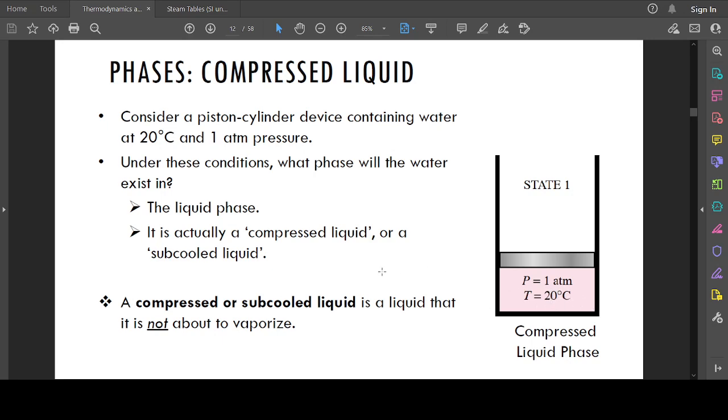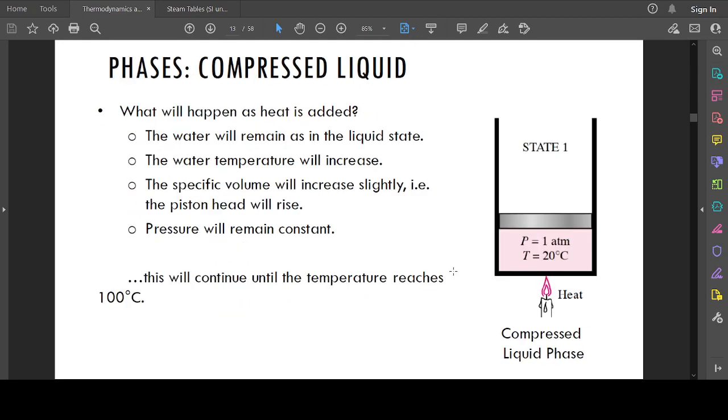Okay, so when we say compressed, it means that the pressure is manipulated to remain at a constant pressure. There is some sort of work done to keep the pressure where it is. That's what we mean by compressed. So what happens when heat is added to a compressed liquid?